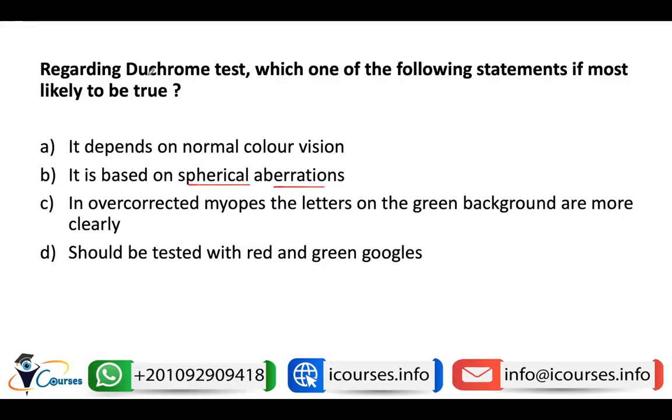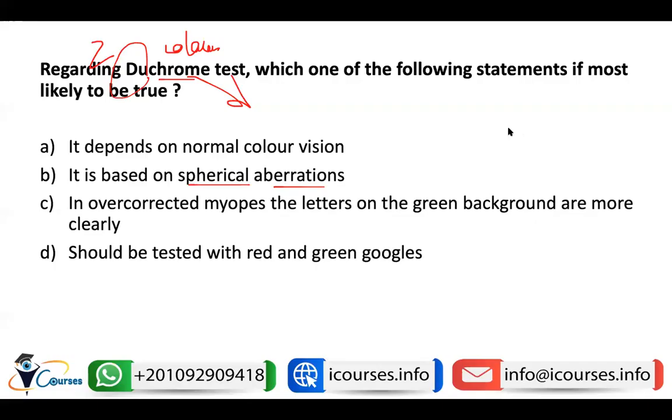The duochrome test, it is called duo, meaning two, and chrome, a color. So this is a test of two colors. Would you still believe that it is dependent on the spherical aberration? Does the word chrome give you a clue about something else? So, Dr. Sadia, what do you think? Is it based on spherical aberration?